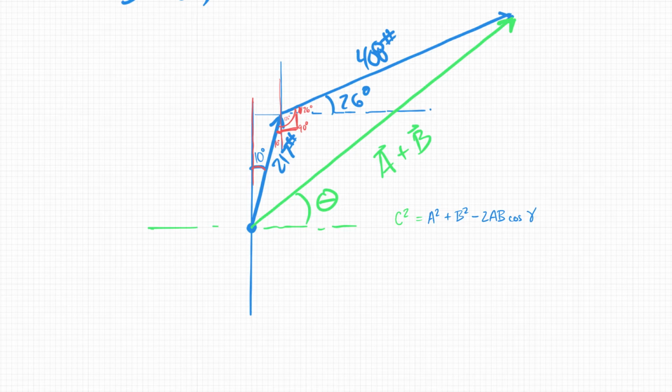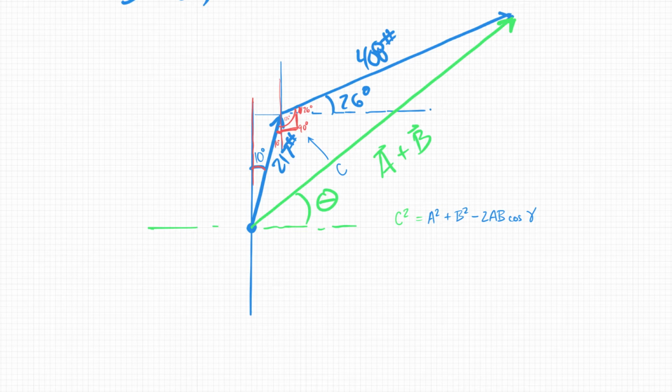Typically that's called gamma. We didn't really call it anything here, but gamma is the angle between the 217 and the 408. Okay, it's the angle across from C. So this is side C. Then this is gamma over here.